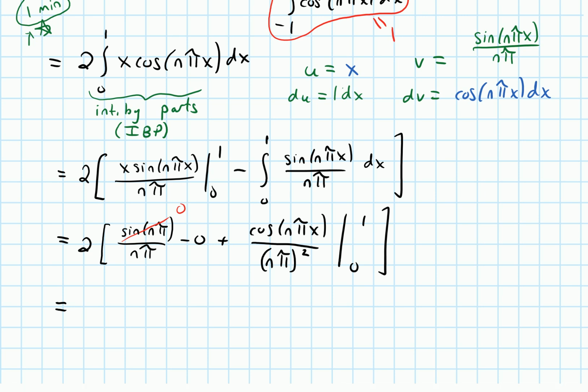Okay, so now what we have is 2 times, and if you plug in the 1 into the cosine term, we get cosine of n pi over (n pi) squared. And if you plug 0 into that term, what you would get is minus cosine of 0 on the top, which is 1, and then over (n pi) squared.